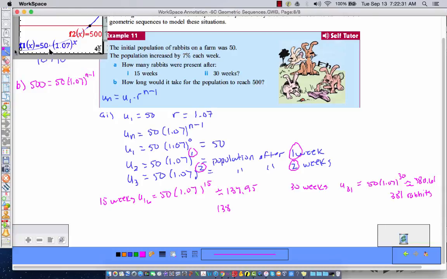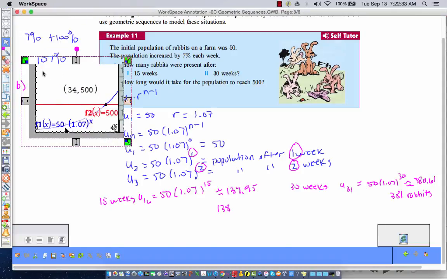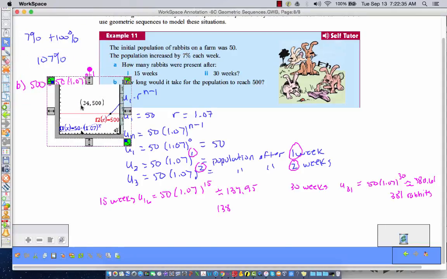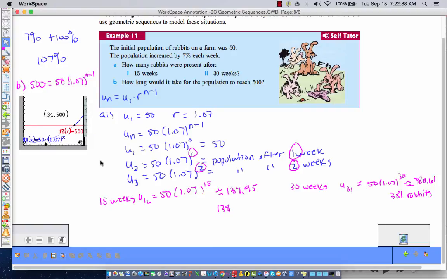Of course, I have the advantage of being able to copy and paste. To show it, you would not have that advantage. You'd have to sketch it on your paper by hand. So we can say, based on this, that it would be 34 weeks.